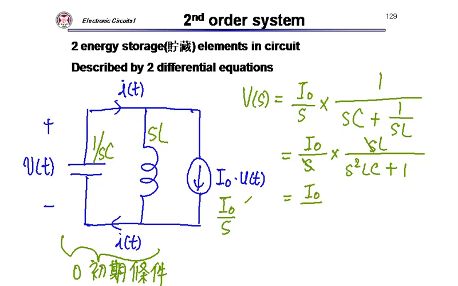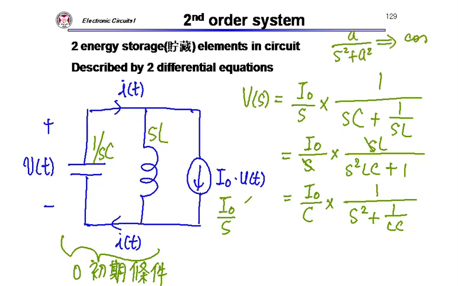Just I0 over C times S squared over LC, something like that. For example, this is S. What's the transform of this one? S squared plus a squared over a: this translates to cosine at, right? Oh, sine at, sorry, it's a sine at.